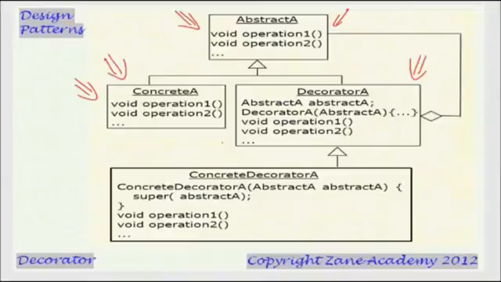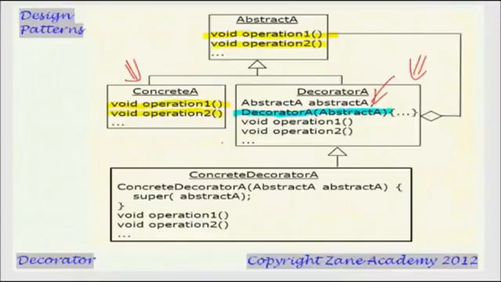So now we have Decorator A. Abstract A is going to have all the methods that are in concrete A. Here we have operation 1 and operation 2, the same operation 1 and operation 2 that are in concrete A. And the decorator class is going to have a reference to abstract A. That reference in essence is going to contain a concrete A instance, since abstract A is an abstract class, and it's going to be passed to it when we instantiate it.